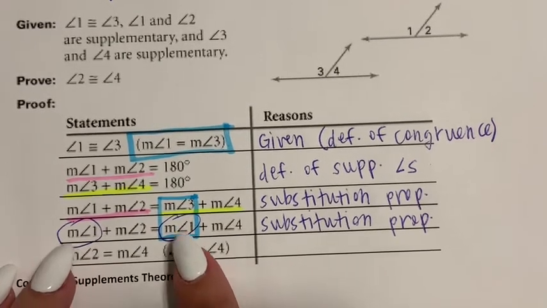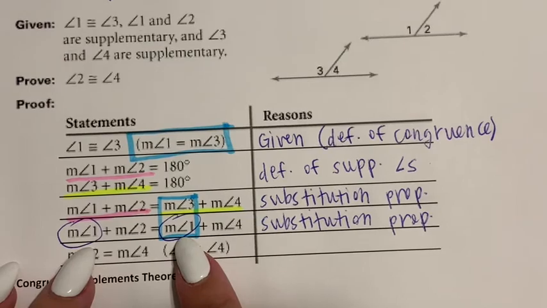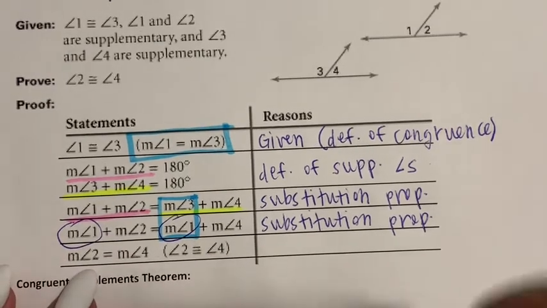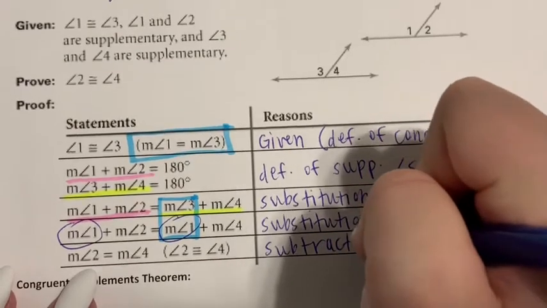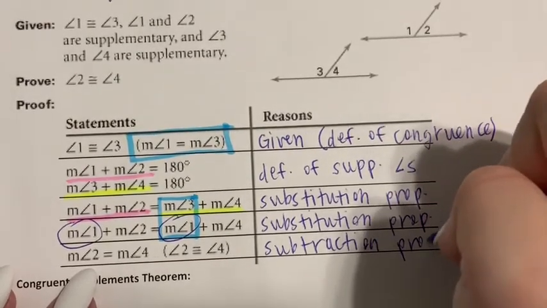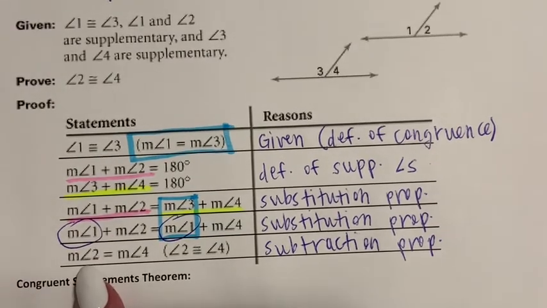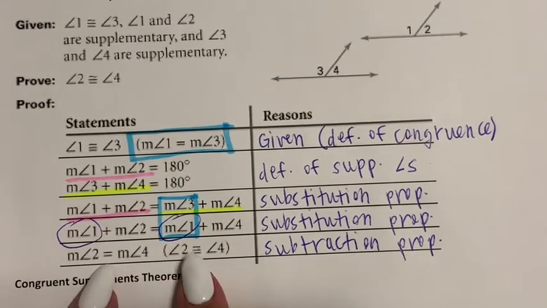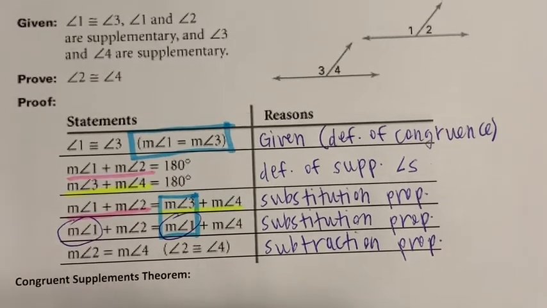The measure of angle 1 existed on both sides, and because we're keeping our equation balanced, we could subtract the measure of angle 1 from both sides, and then it will no longer be in our proof. So this last reason was the subtraction property. Then I'm left with what I'm asked to prove, that the measure of angle 2 is equal to the measure of angle 4. Again, this is us just switching back and forth because of the definition of congruence, so you see it written both ways.